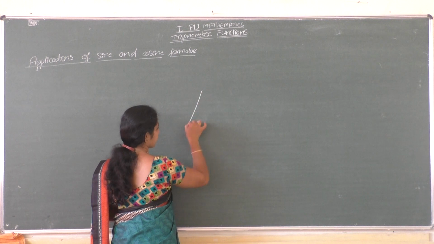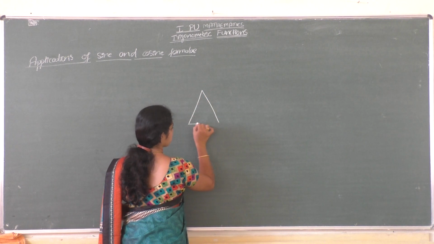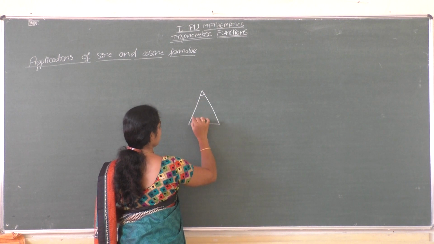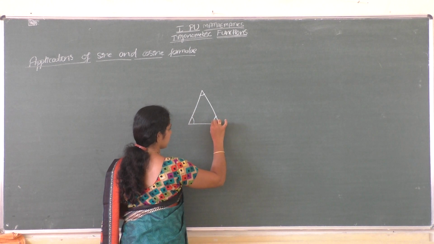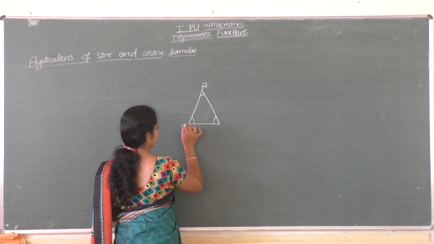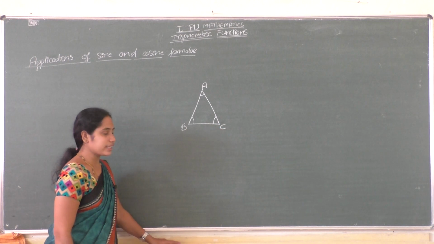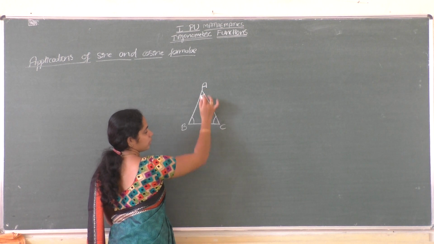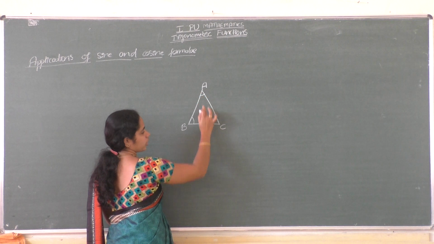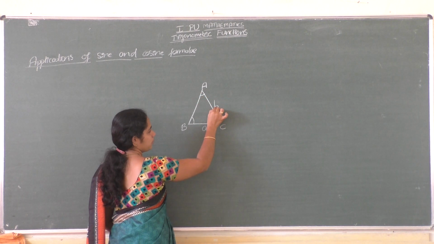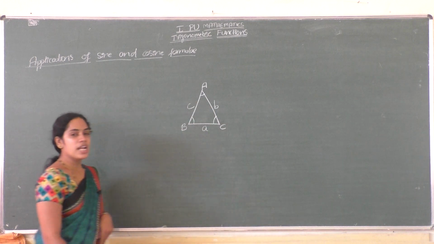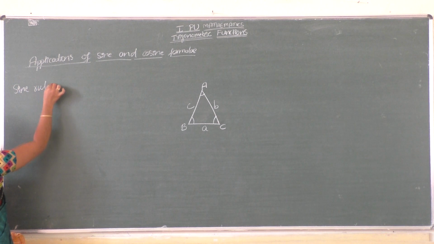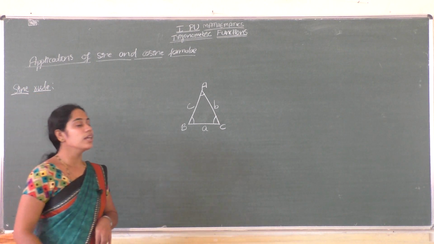See, consider a triangle ABC. Here angle A, angle B, angle C with sides. Let us take the sides. Here the opposite side for this is a, here b, here c. Sine rule says that, or sine formula, sine rule and cosine rule.